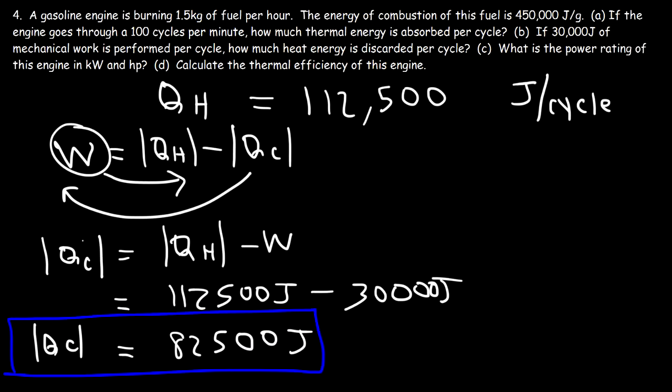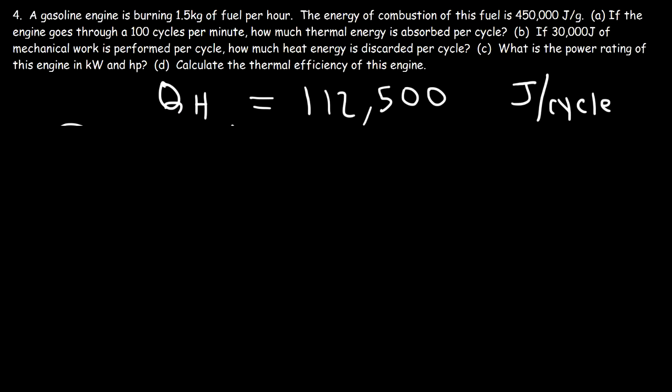Now let's move on to part C. What is the power rating of this engine in kilowatts and horsepower? So how can we get that answer? We know that power is work divided by time.